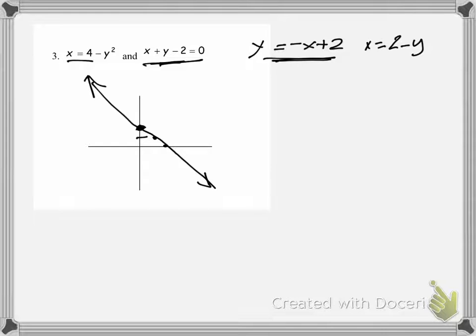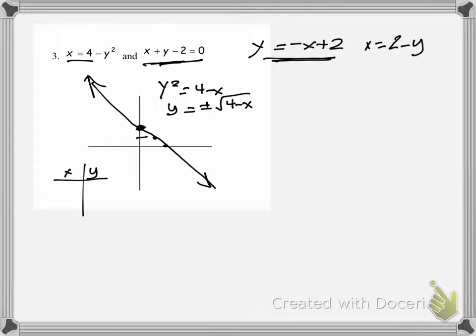Sorry, so sloppy. And then this would be, like we said, a left-facing parabola. That would be y squared equals 4 minus x. So y is plus or minus the square root of 4 minus x. If you're going to graph that, let's make a little XY chart here.